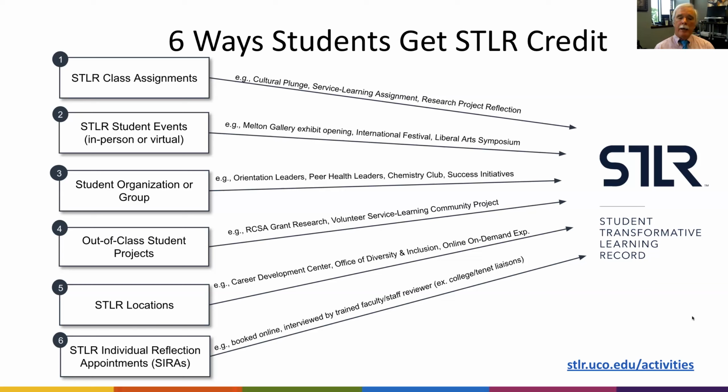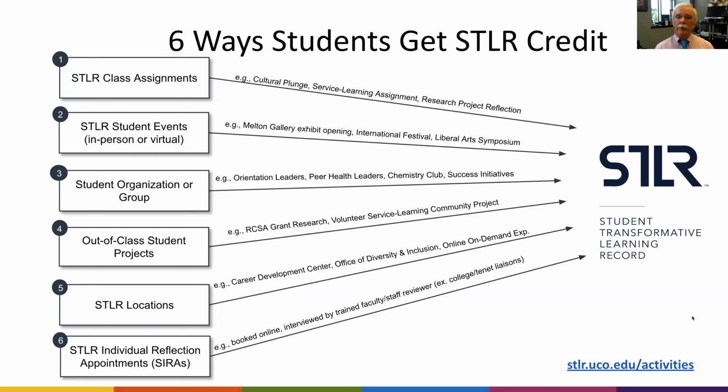And then finally, over the years, we learned the lesson based on students coming to us, telling us, I thought I had a pretty important realization when I was working in XYZ student group, which was an informal group, not affiliated with UCO.